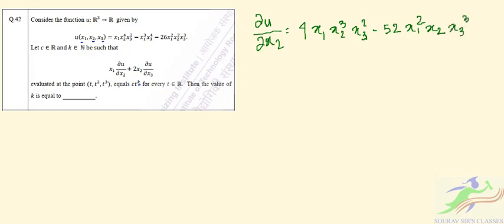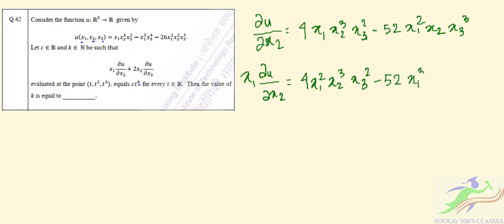So we have x1 multiplied on both sides. If you multiply x1 del u del x2, it will look like 4 x1 square x2 cube x3 square minus 52 x1 cube x2 x3 cube.